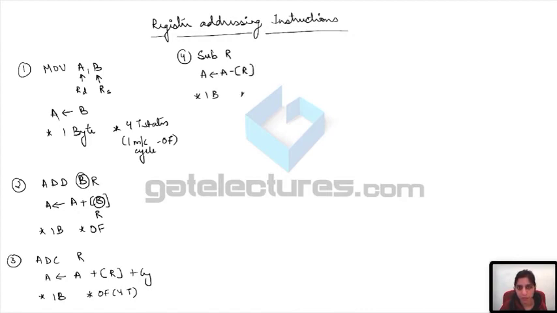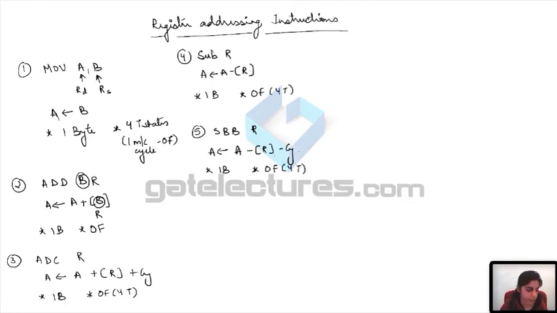Same 1 byte, only opcode fetch, so 4 T states. Next is subtract with borrow, which is SBB R. Here we're just going to take into account borrow also. It's going to be 1 byte, opcode fetch, 4 T states, right?